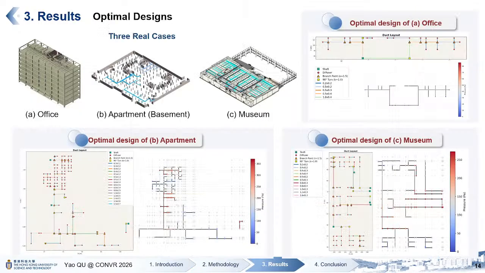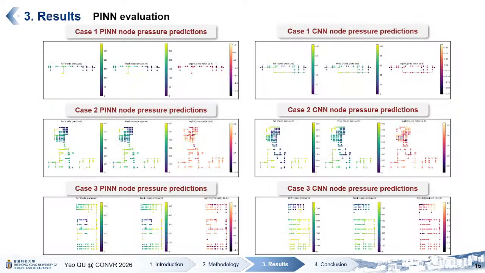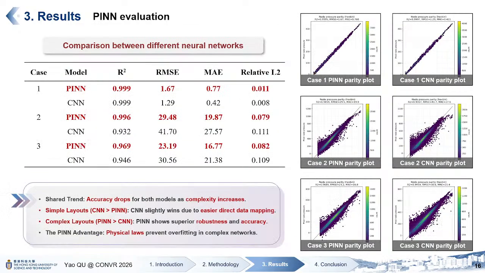This is the result of three cases. The first one is the simple one, and the second and third are more complex. I use the PN method and the CN method to predict the node pressure for the three cases and contrast them in the slides. In the comparison between the different neural networks, we can see that the accuracy drops for both models as the complexity increases.